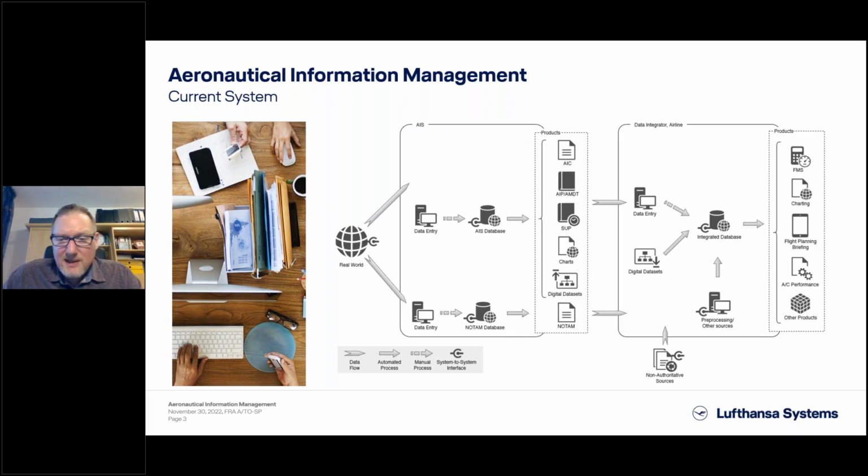Speaking about AIXM, as I said, is the Aeronautical Information Exchange Model. It tries to model the real world and to structure data so that the data that we get are unique and easy to parse.